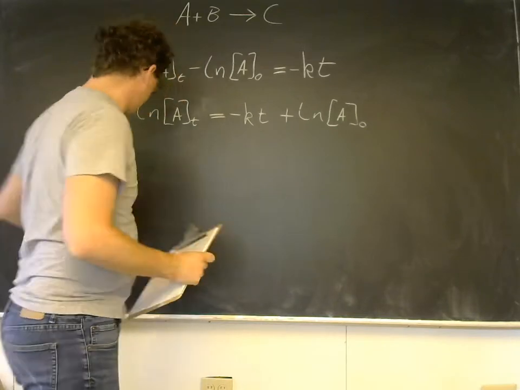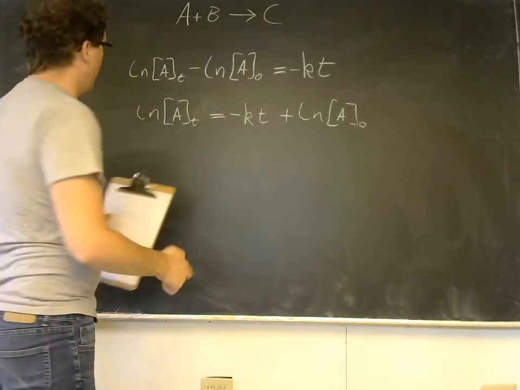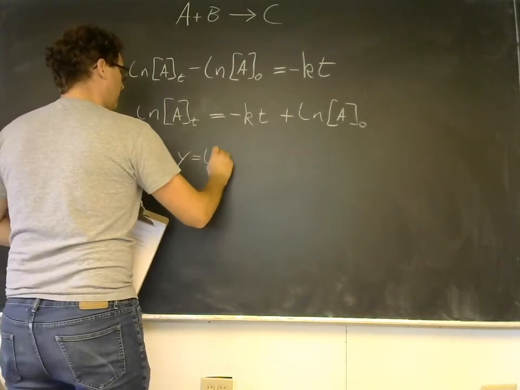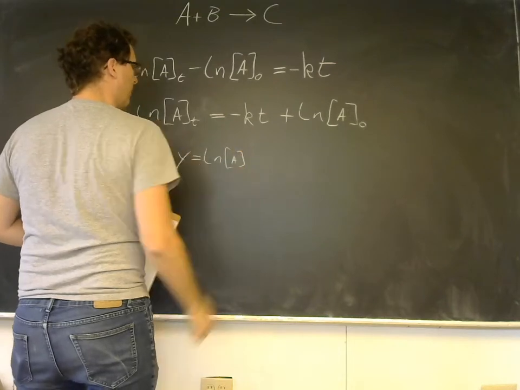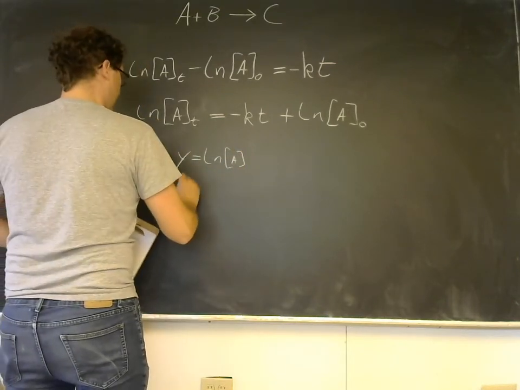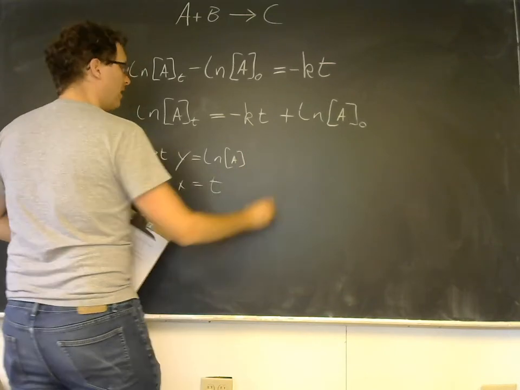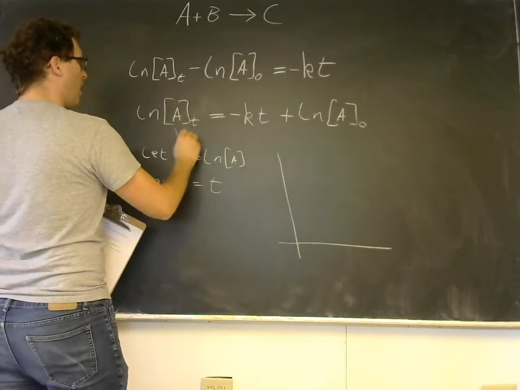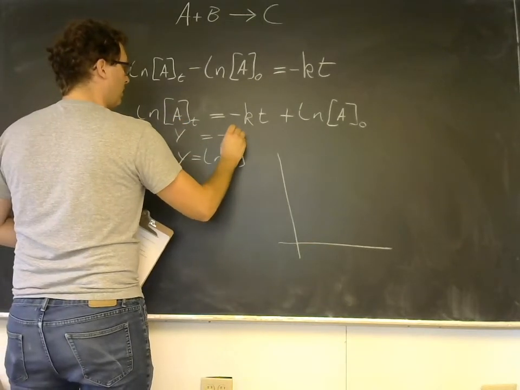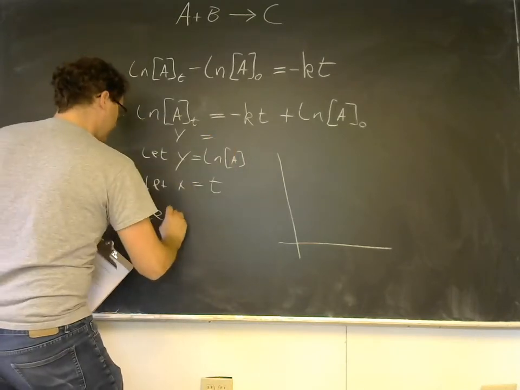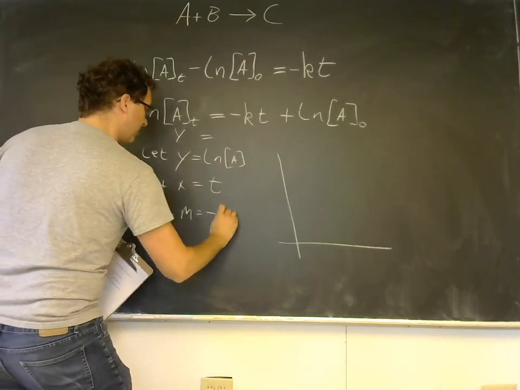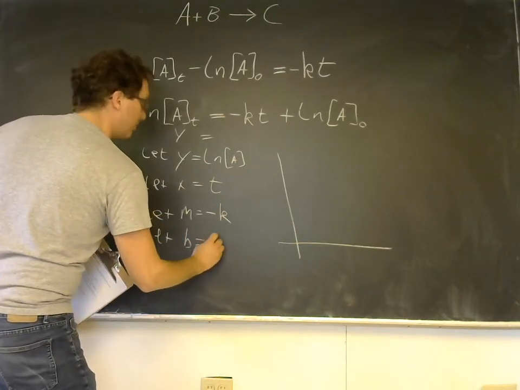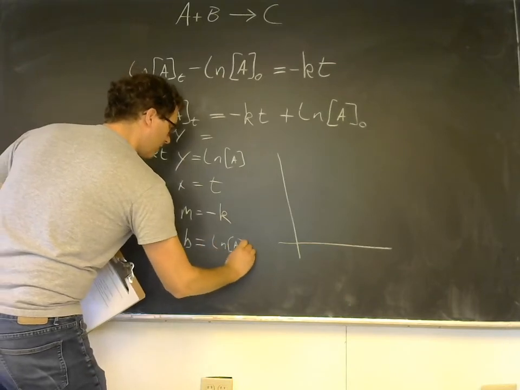And I know you're thinking this doesn't look like a line, there's natural logs everywhere, but if we let y equal the natural log of A, and if we let x equal t, then this becomes y is equal to, and we'll let m equal negative k, and we'll let b equal the natural log of A naught.